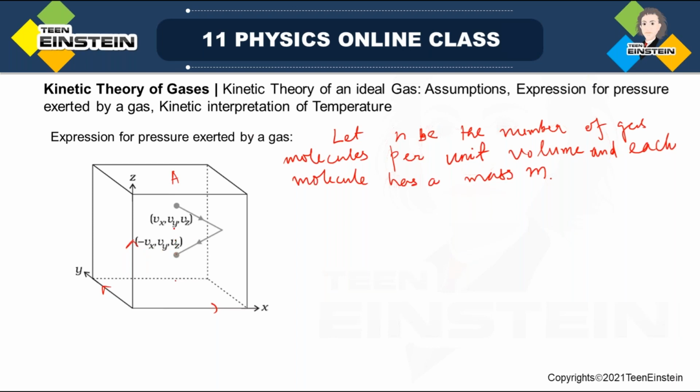So it will hit this wall and return back, because the collision is elastic in nature.